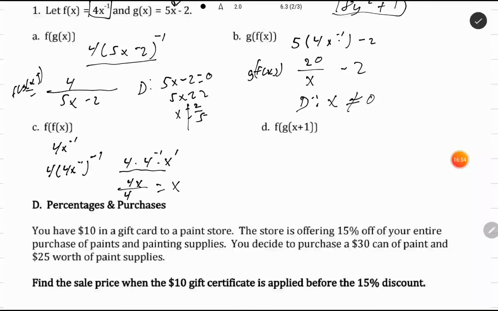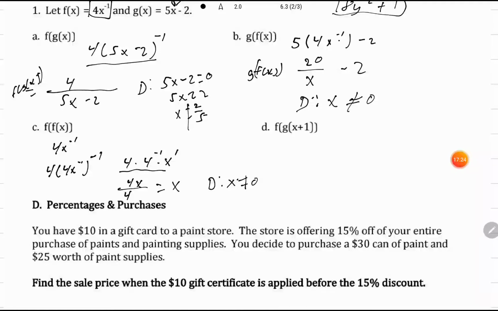And the domain for this one, x still cannot equal 0. Why? I don't see any x's in the denominator.